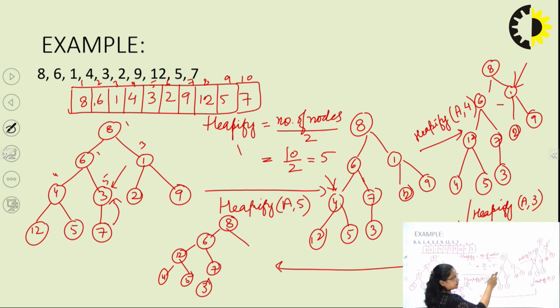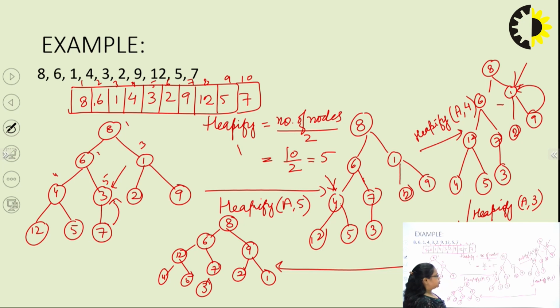Now 1 is lesser than 9, so it will do the swapping in this case, right? So it becomes 9, then 2, then it becomes 1. Fine. This is the way you will call heapify a comma 3.